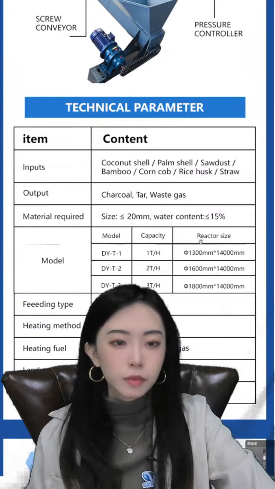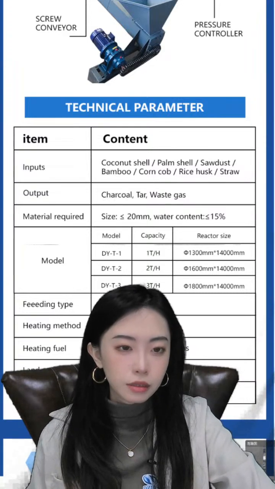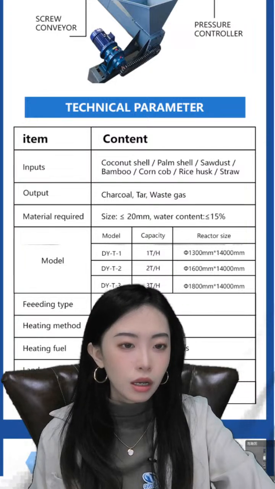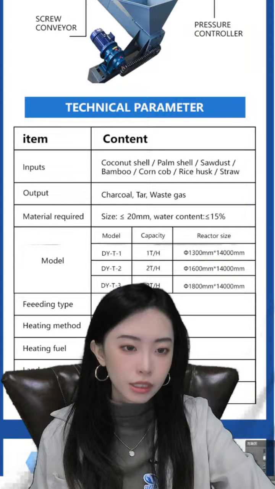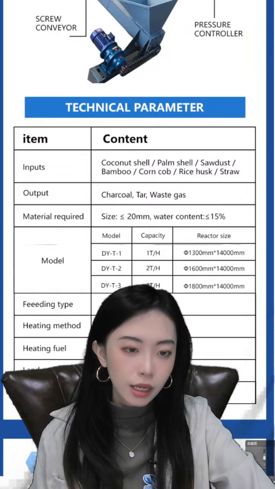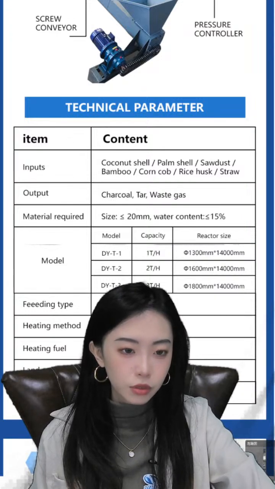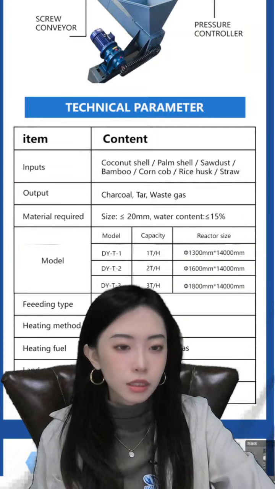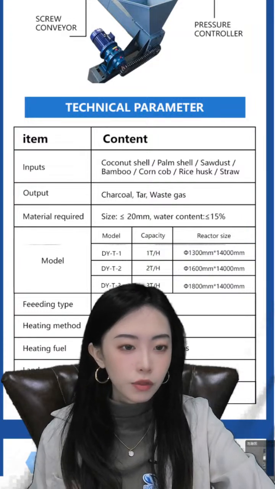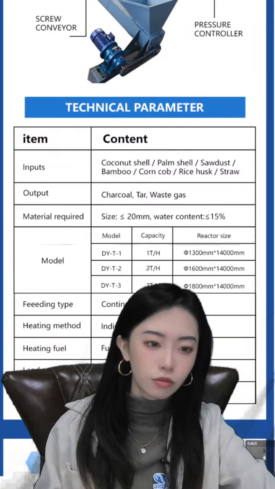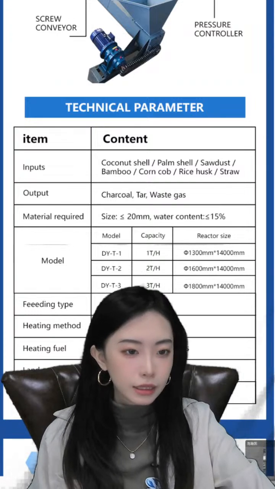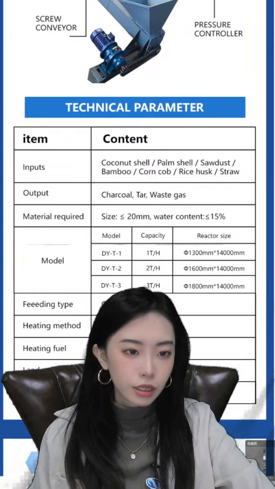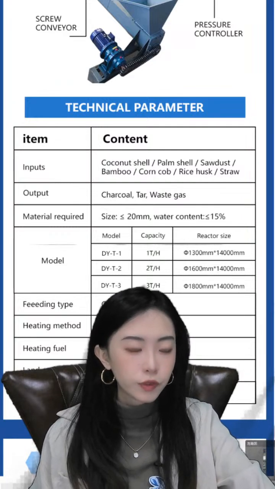And for the material requirements, it's better for you to control the sizes to lower than 20 millimeter or 2 centimeter, so it's better to react these materials. And if you have large materials, you need to first crush them to the right sizes. And the water content, the moisture, it's better for you to control it below 15%.